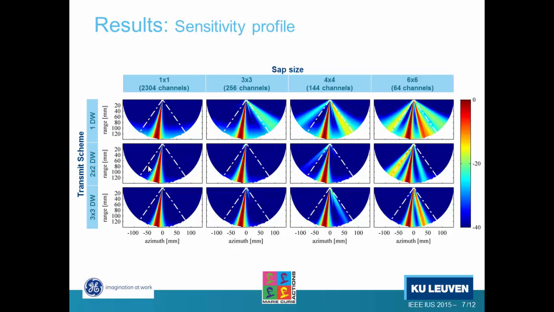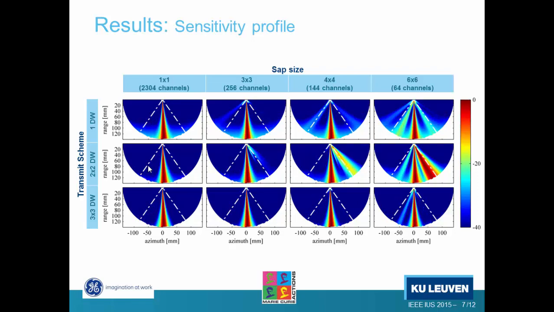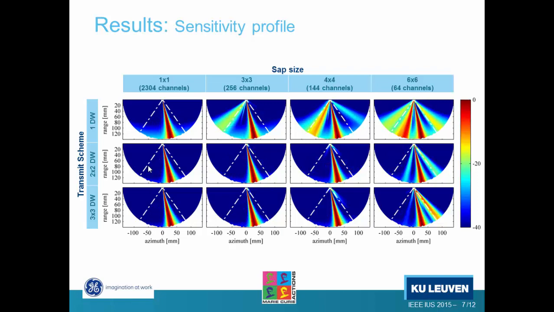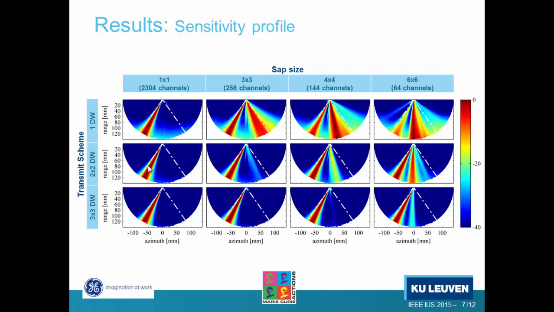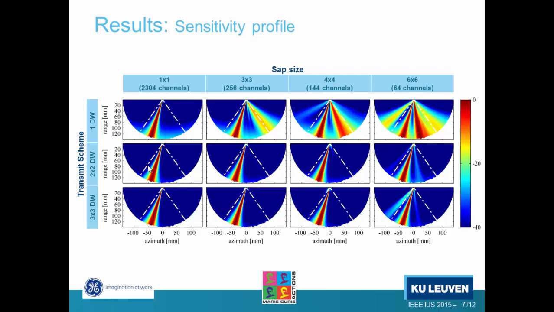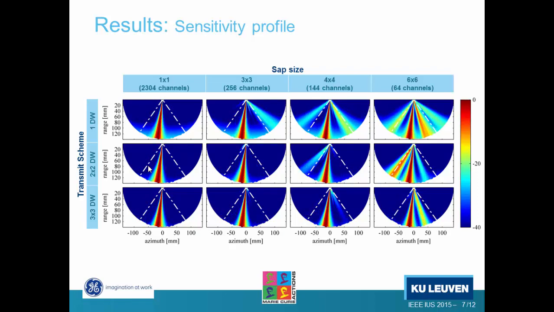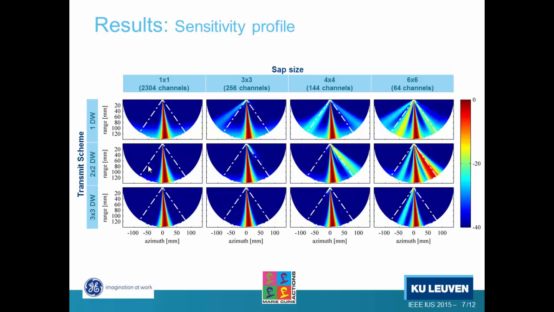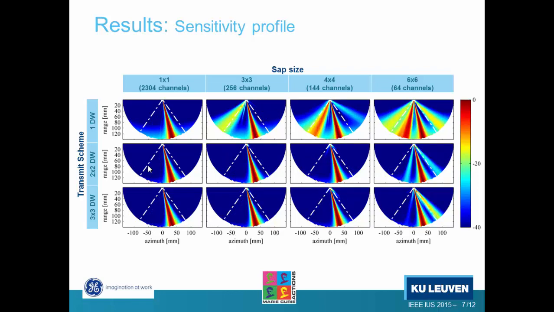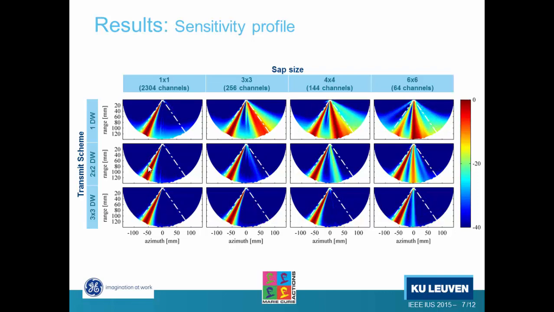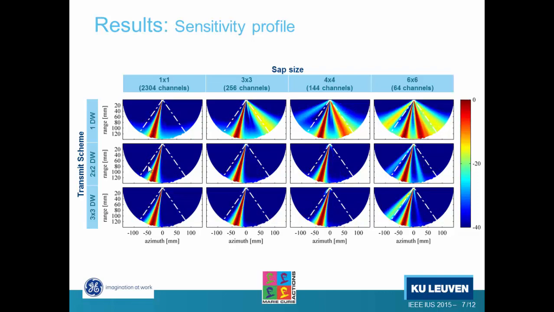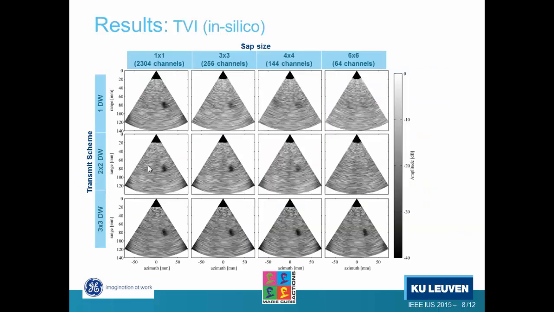As we go towards these scenarios where we have smaller diverging waves, we don't require as much steering on the second stage. And also as we have smaller SAPs, we start to go towards the reference case. So in this case, we see much less grating lobes, so we expect a much better image. This also reflects on the B-mode images.